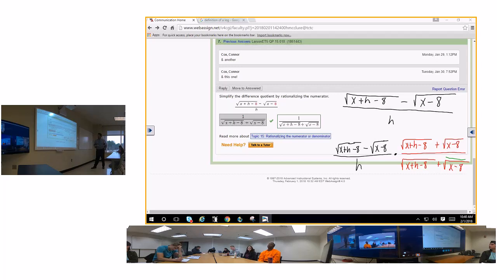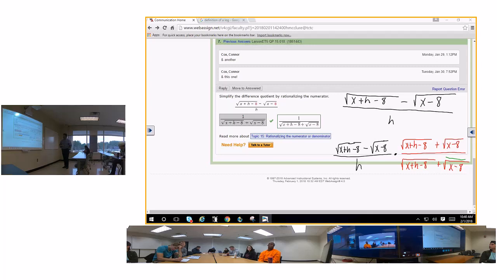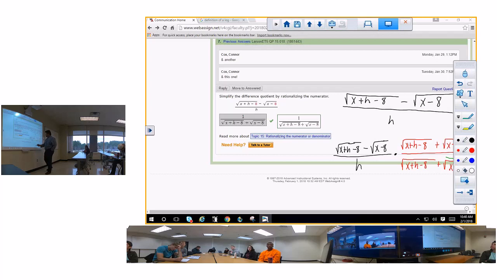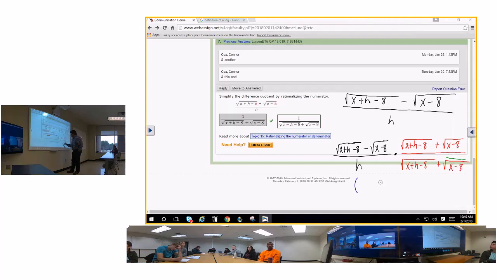Now do your shortcut number 3 on the top, and the best way to do it is I'm going to take a blue pen, and just put a big set of parentheses squared minus a big set of parentheses squared, and just plug this one in. That's a. X plus h minus 8. Yeah, plug and chug.